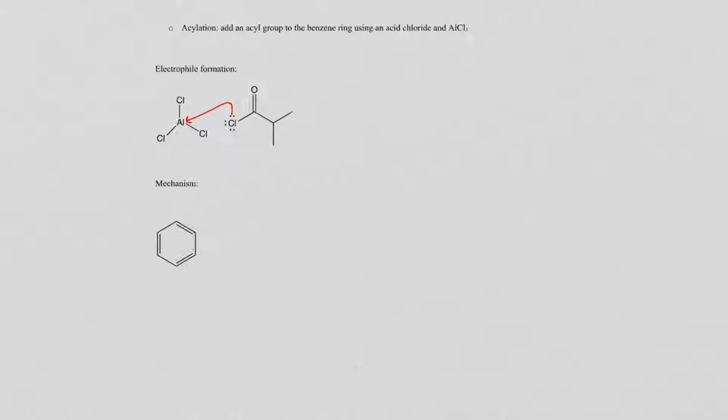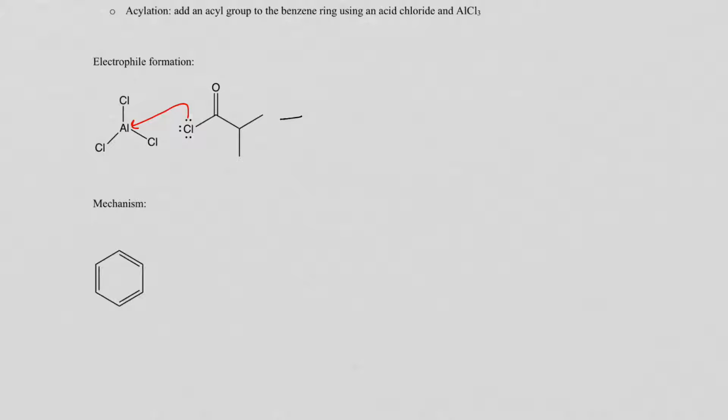So we can go straight into the electrophile formation. I'm sure you're used to doing this. Arrow from the lone pair of the chlorine to the aluminum. We get something that looks like this.